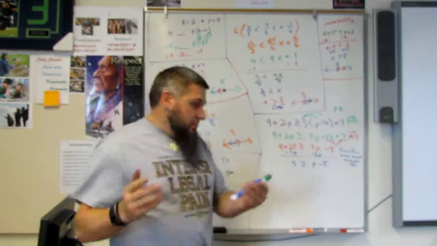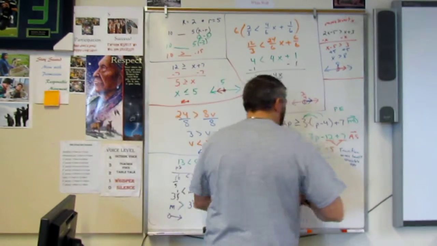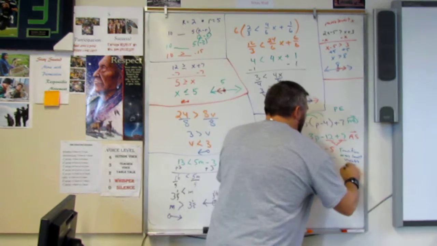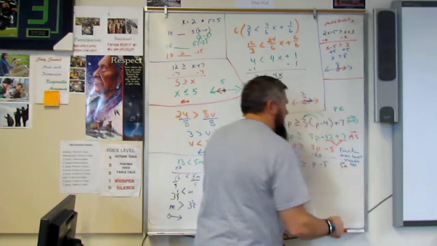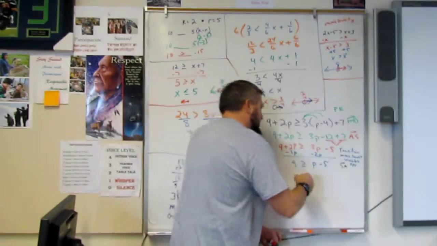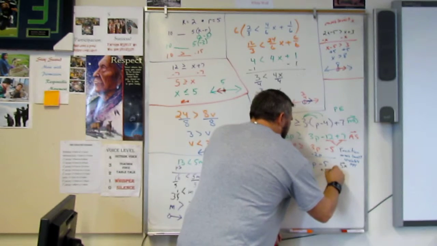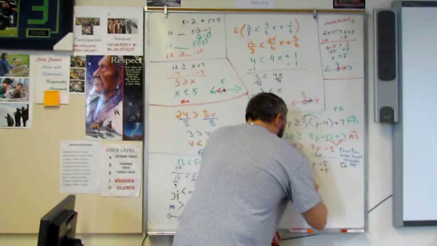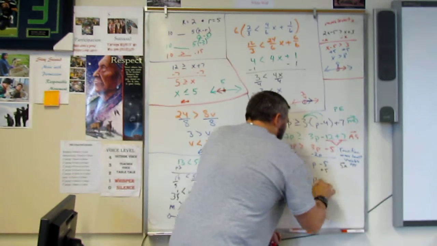And then, my last step, plus 5. But the subtraction addition is taken care of. So plus 5, okay? And I've got 14 is greater than or equal to p.